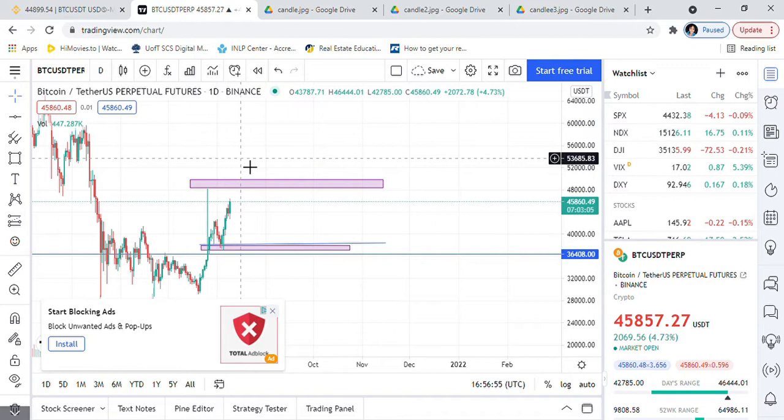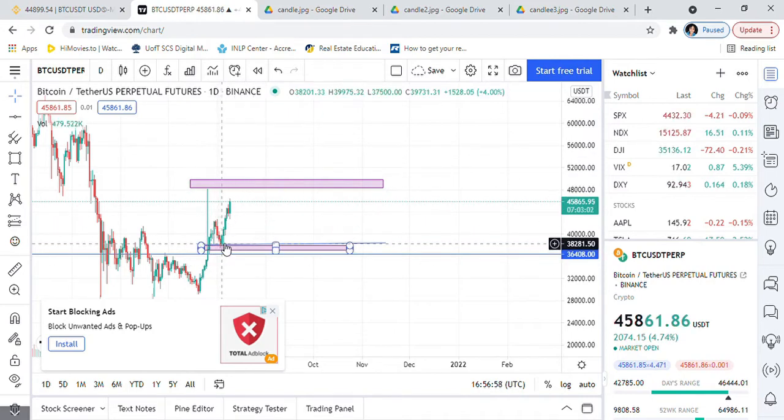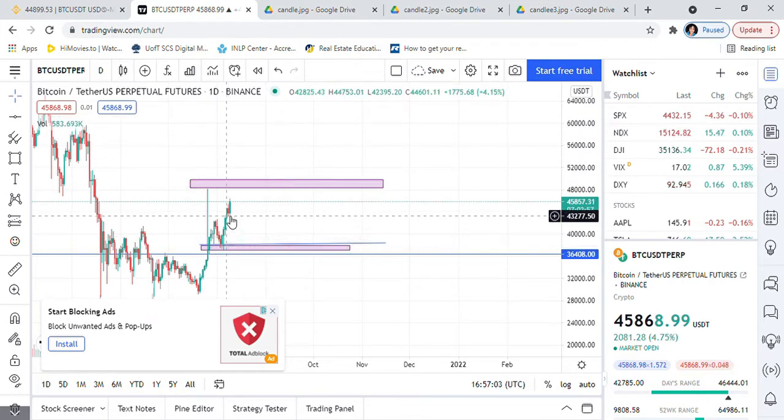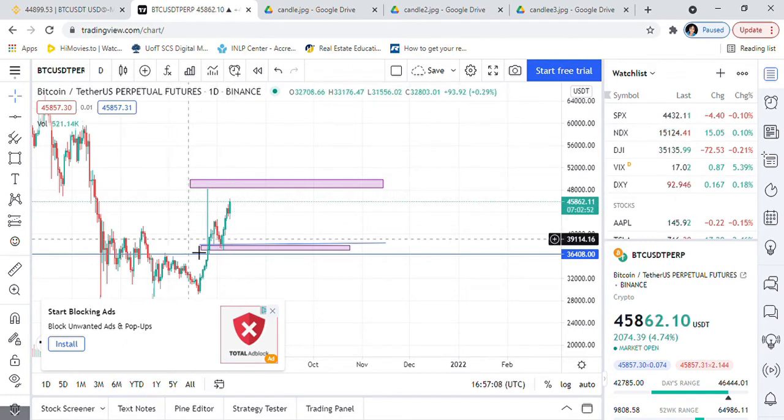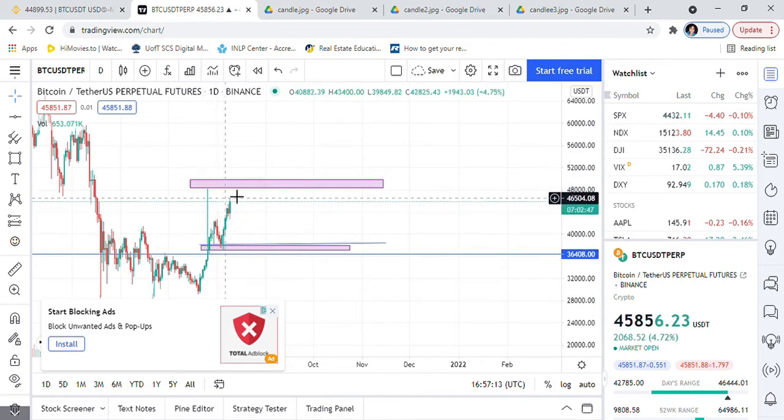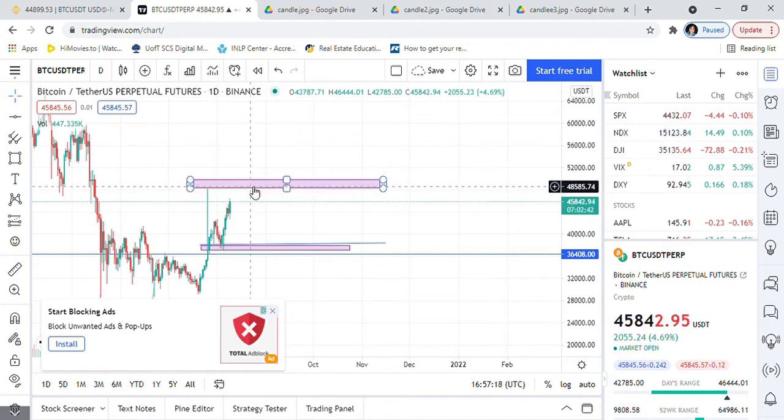Now, how can you use this to trade? So obviously this is the daily time frame, and it moves at a slower pace compared to the lower time frame. So if you wanted to trade this, when the price comes to the resistance and you know that is a resistance, it means that the price will get rejected, and you can place a short position here.